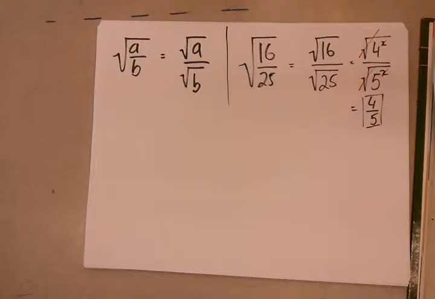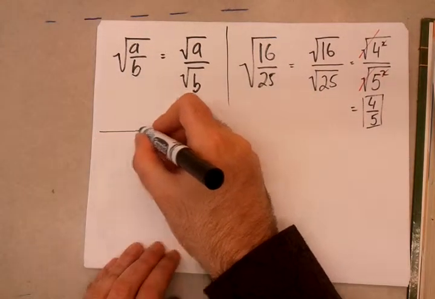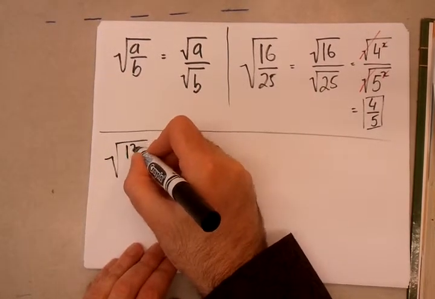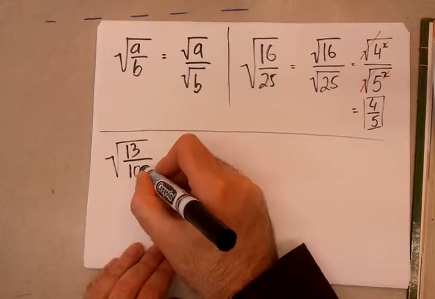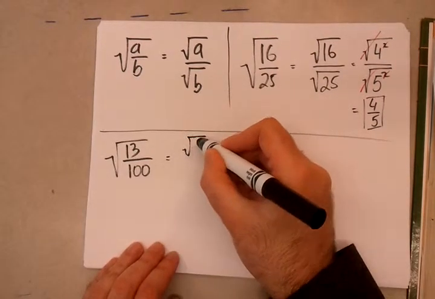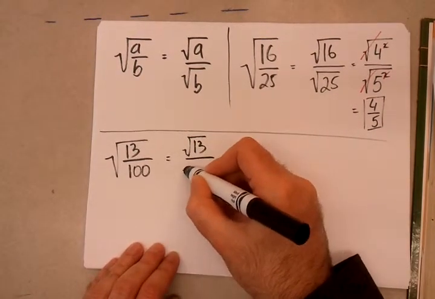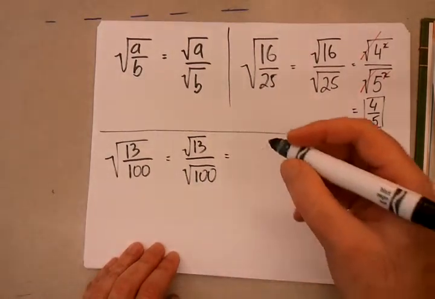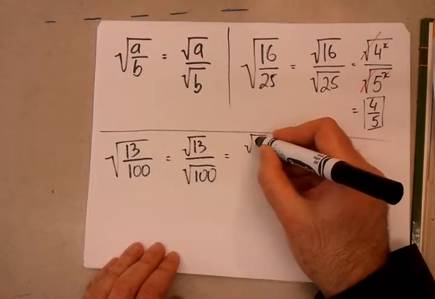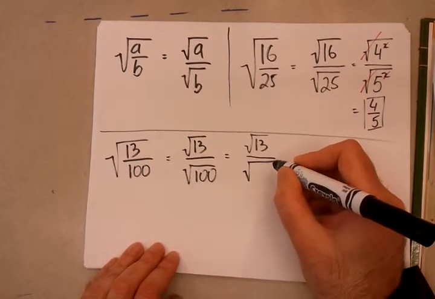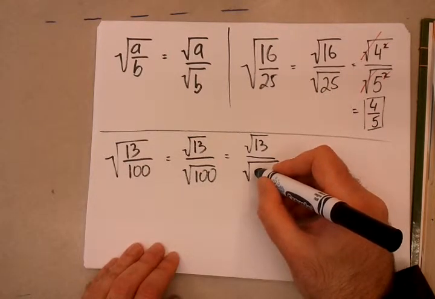So let's do a few examples here. Let's take a look at the root of 13 over 100. Again, it's a fraction underneath a square root. Can't have that, so we'll break it apart into two separate parts. Well, the top, it's a prime number. It's going to stay underneath the root. There's nothing we can do for the 13. But on the bottom we get a perfect square.